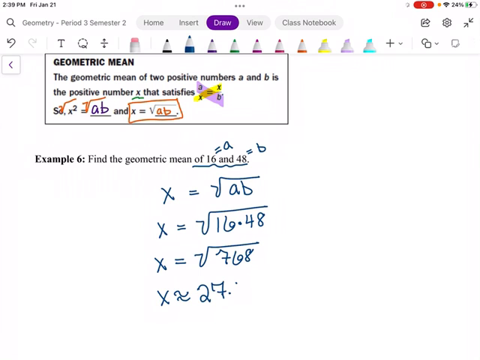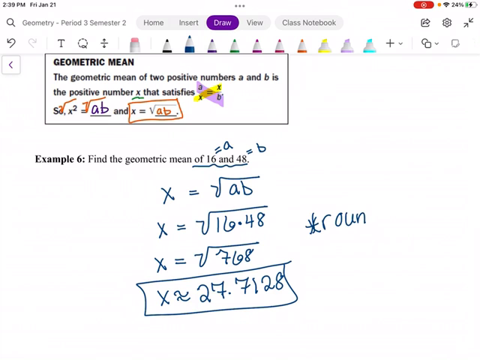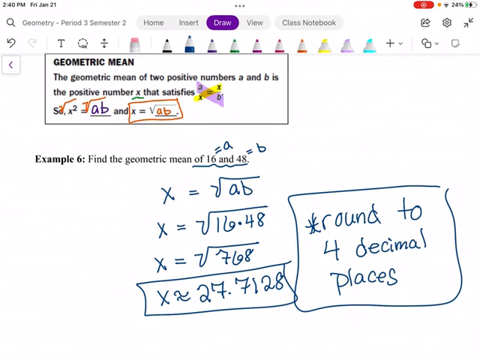So you're going to round these to 4 decimal places when necessary. If you don't need to round to 4 decimal places, if the whole number is on your screen, you can just write that down.